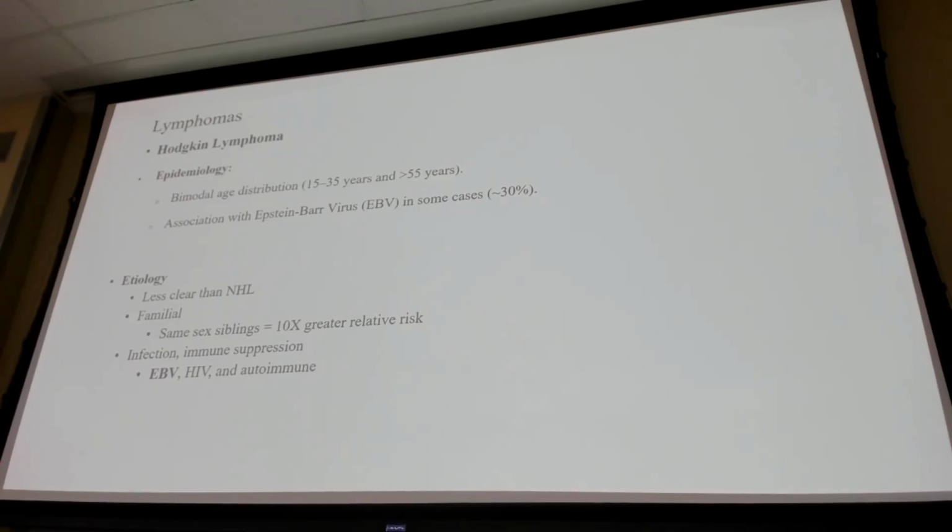So we mentioned this, it has a bimodal distribution. You see this early on, teens to early 30s, and then again another spike above 55, associated with EBV. So some familial stuff here, same-sex sibling, 10 times greater.